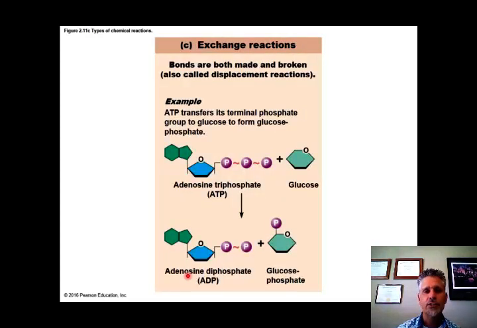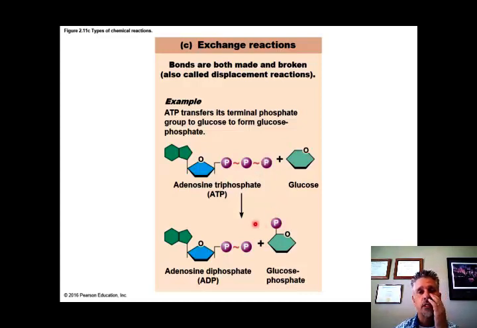Lastly, there are the exchange reactions. Again, here you see one aspect or some aspects of a particular molecule, in this case ATP, an energy molecule, being transferred or exchanged to another molecule. So here we can see a phosphate. Triphosphate means 3 phosphates attached to it, 1, 2, 3. And these phosphates, as part of this larger molecule, one is transferred to this glucose molecule, and you can see it attached there.